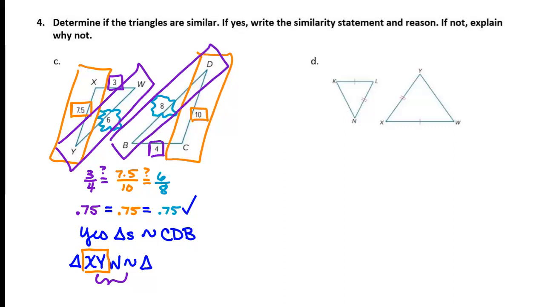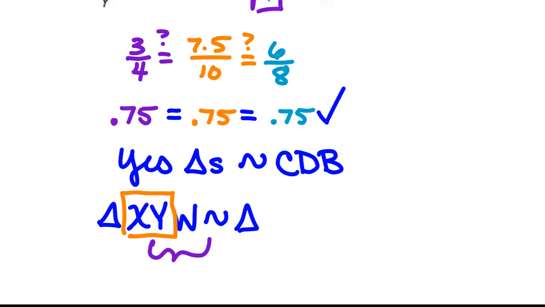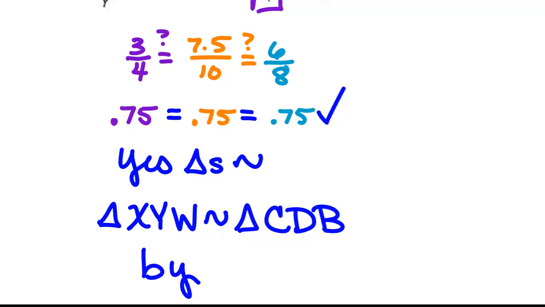So that's another way that I see that I need D in the middle and then B at the end. So triangle XYW is similar, I wrote that in the wrong spot, to triangle CDB. I don't know why I wrote it up here. And what would our reason for that similarity be? Side, side, side similarity.